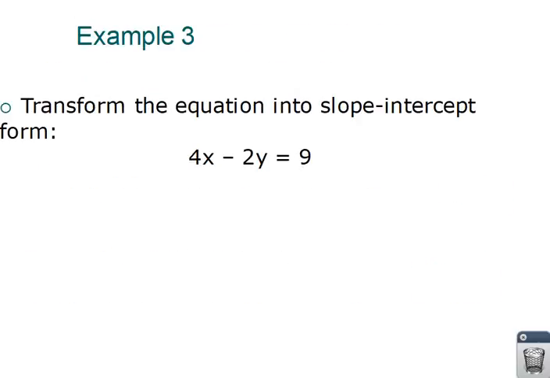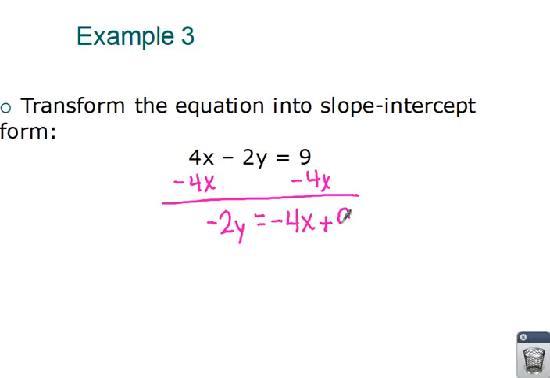All right, so let's practice a little bit of turning a standard form equation into slope-intercept form. We need y by itself. So first step would be to move the x over. And we know on the left, all we have left is negative 2y. And on the right, we cannot take 9 minus 4x and get 5x. It doesn't work that way. So we have to leave both parts over there. So we have negative 4x plus 9.